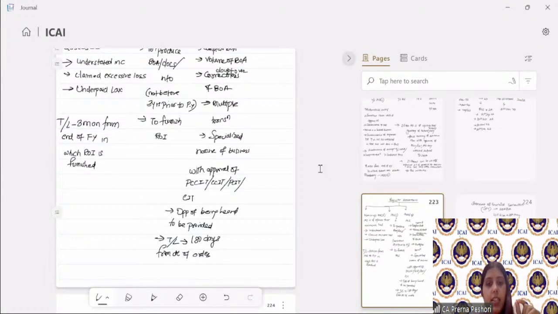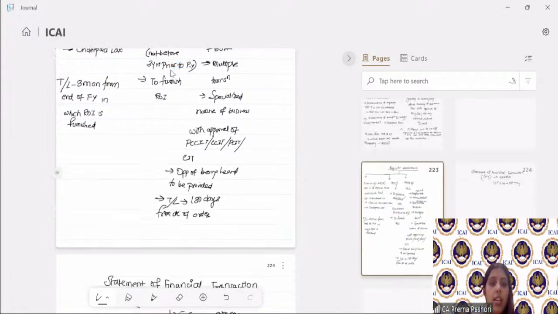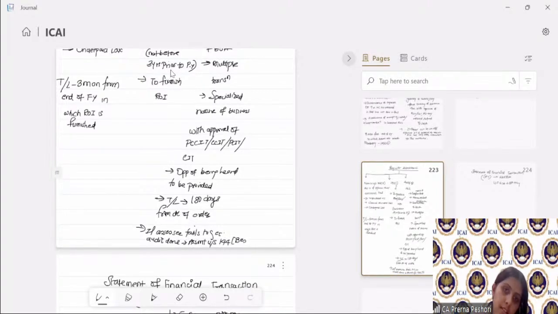If in case the assessee fails to get the audit done, then it will be assessment under section 144, which is called best judgment assessment.